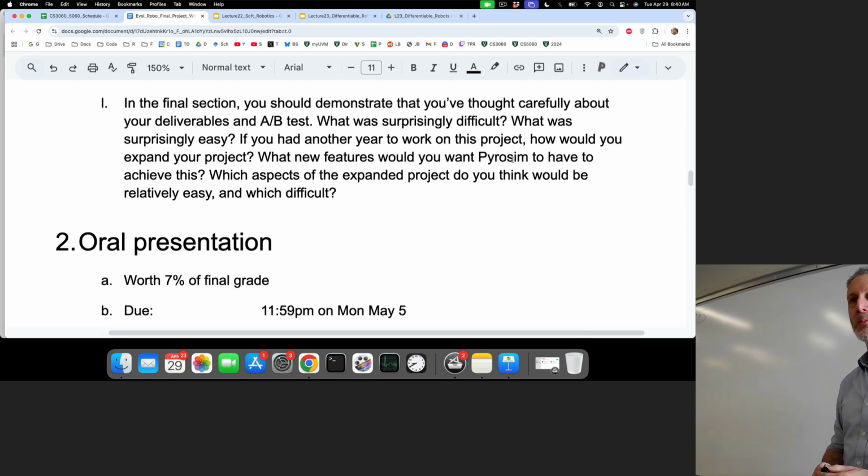How might you want to expose or get at some other aspects of the physics engine to evolve more complex robots to do more interesting things? If you were to expand your project in whatever way you're thinking about, given your experiences now with all of these things, what do you think would be relatively easy and what difficult?